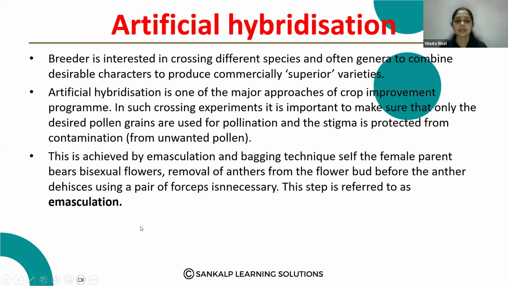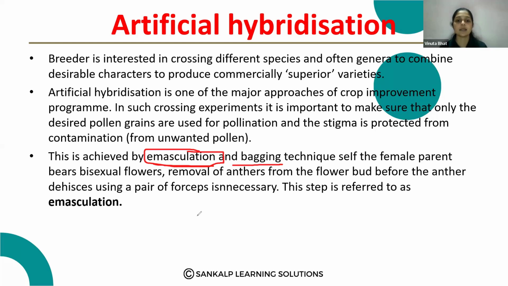So artificial hybridization mainly involves the emasculation and the bagging technique. What is the emasculation technique? Emasculation means the removal of the anthers, the male reproductive structure, in the bisexual flower.